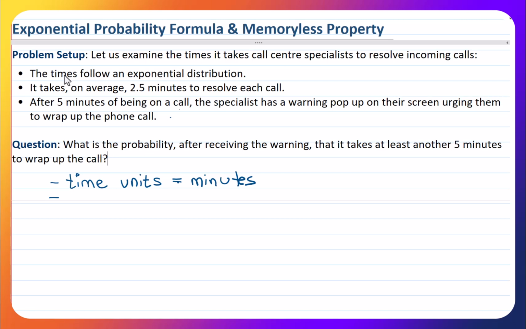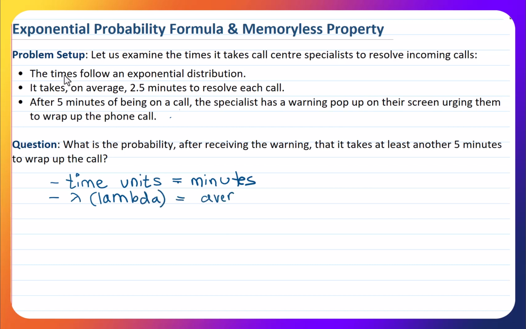Next, we need to figure out what lambda is. This is our average number per time unit.